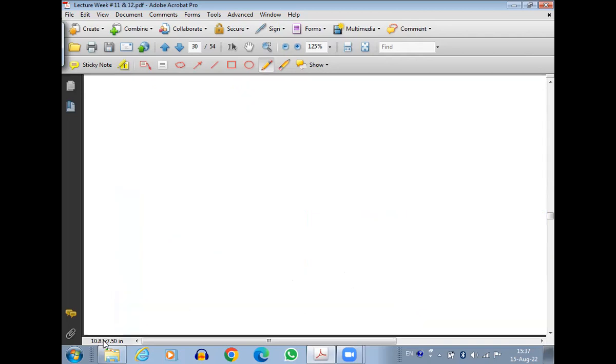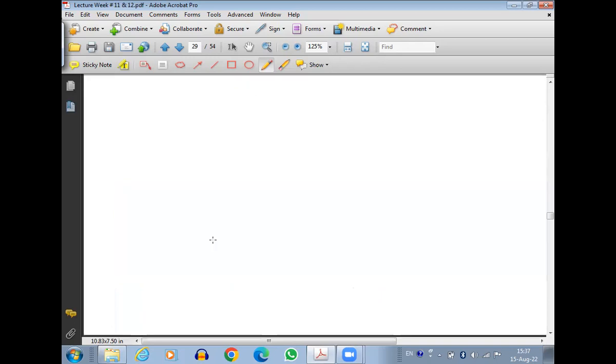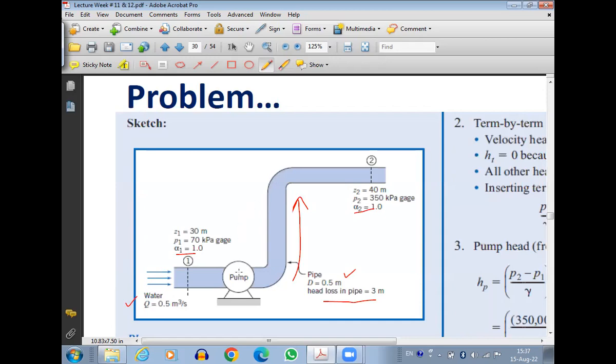What is asked is what power in kilowatts, or in horsepower, must be supplied to the flow by the pump. One thing is very clear, that the pump will be adding power to the fluid.